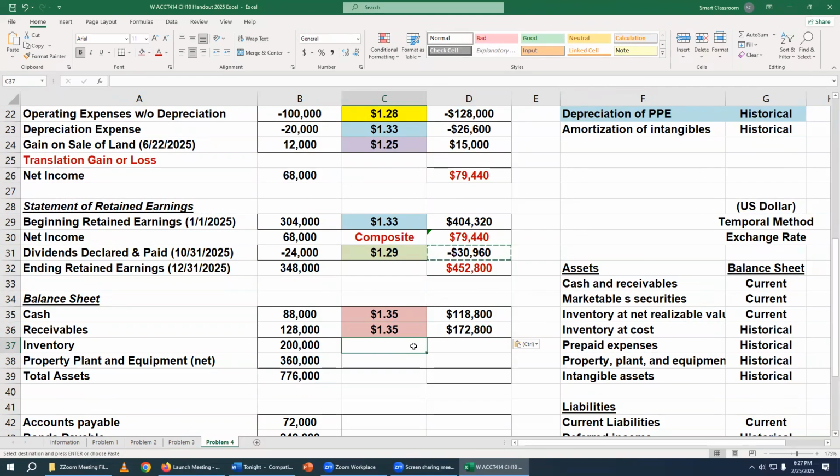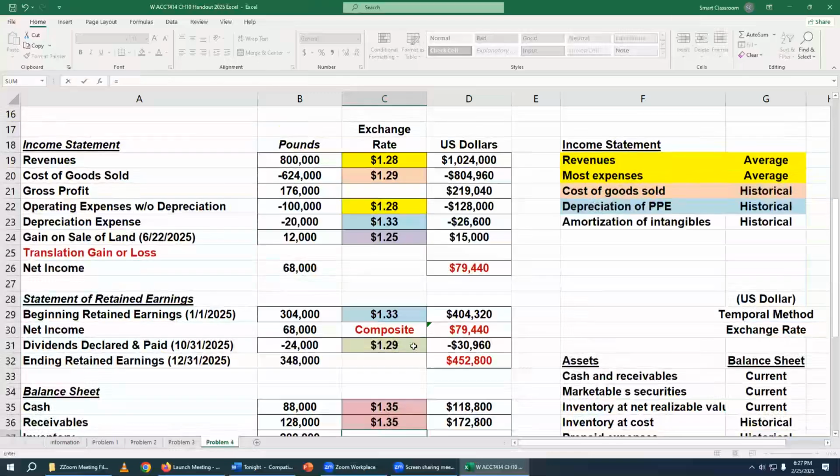Inventory goes on at the historical rate, which is 129.